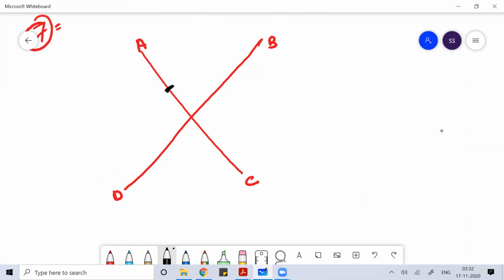Bisect each other means this and this would be equal. Suppose this is E, means AE will be equal to EC and DE will be equal to EB. So it's given they bisect each other.